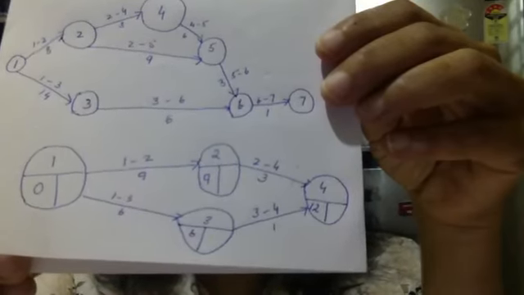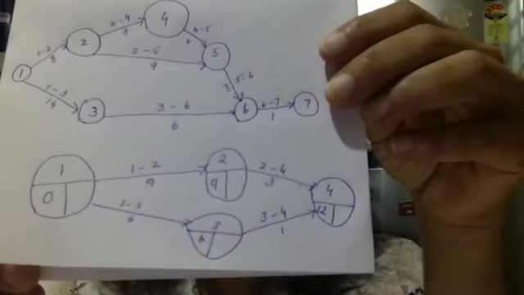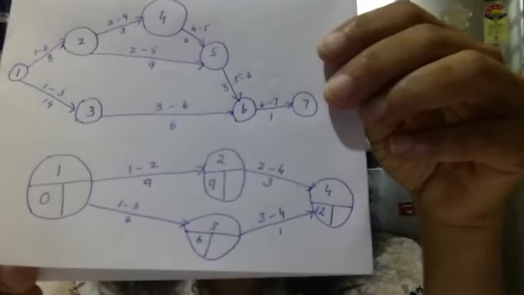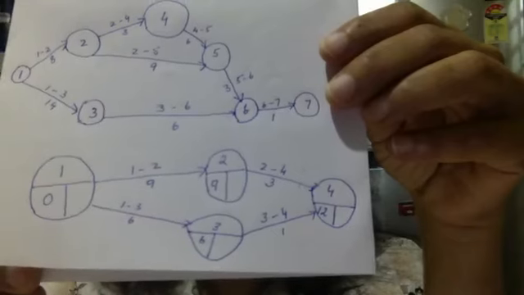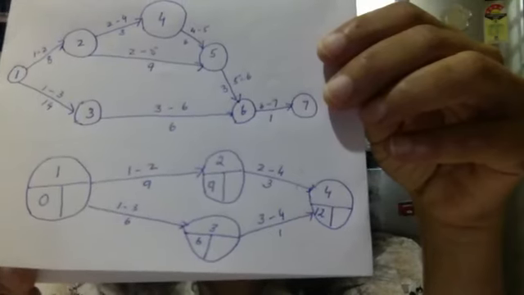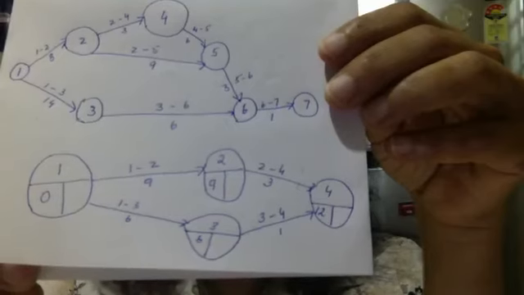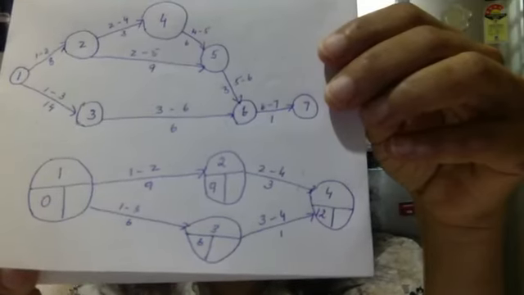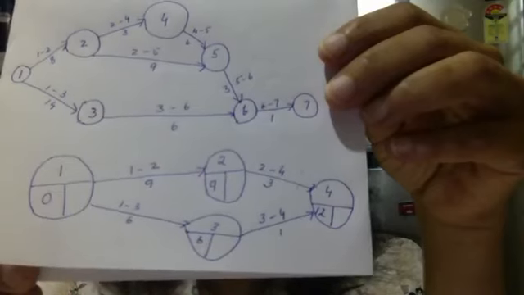When you see the arrows coming into 4, you have two arrows. One is 9 plus 3, 12. The timing is 12. Whereas the other one is 6 plus 1 is equal to 7. But you may ask me, why have I taken 12?